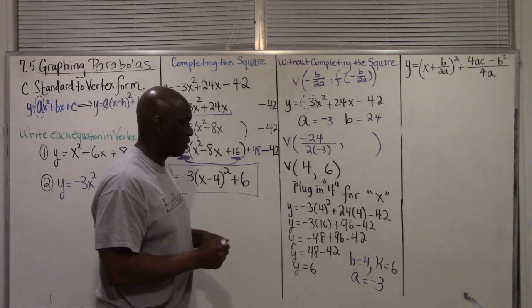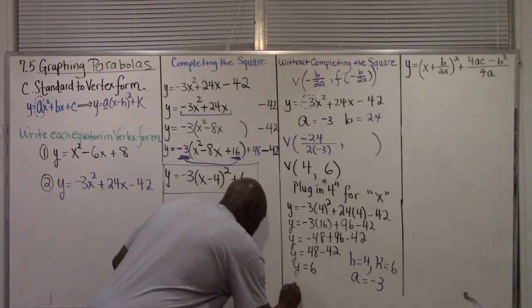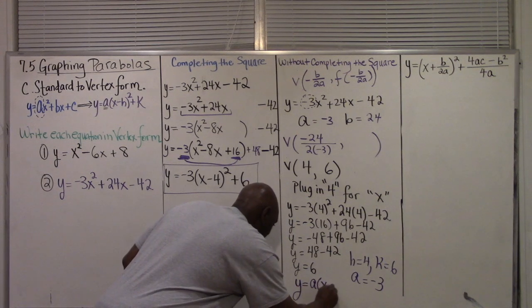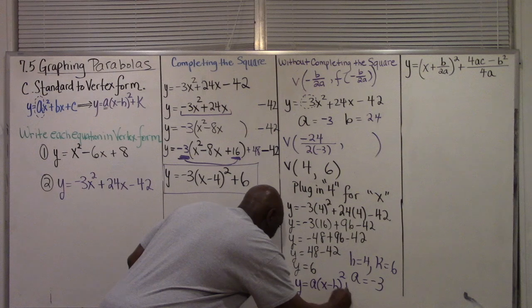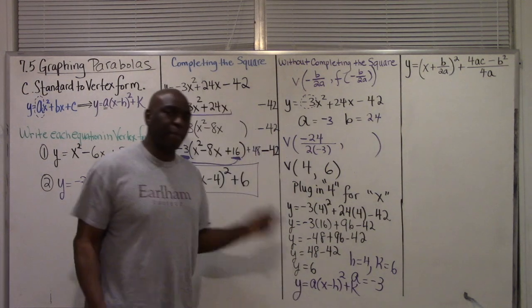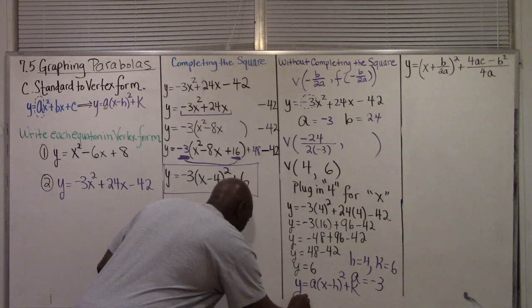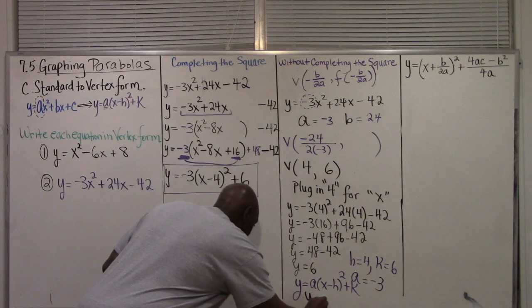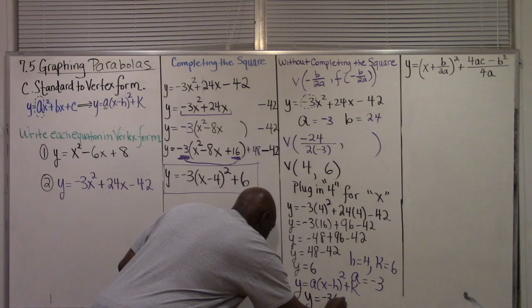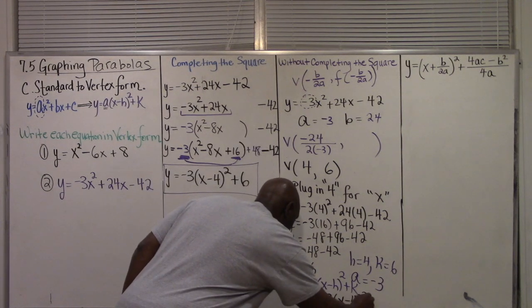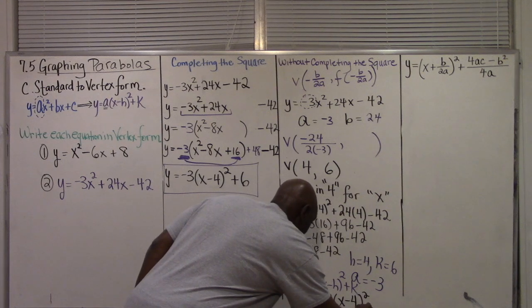Take those numbers and put them back into y equals A times x minus h squared plus k. Plug them in. If I plug them in, I'm going to get y equals negative 3 times x minus 4 squared, what's my k?